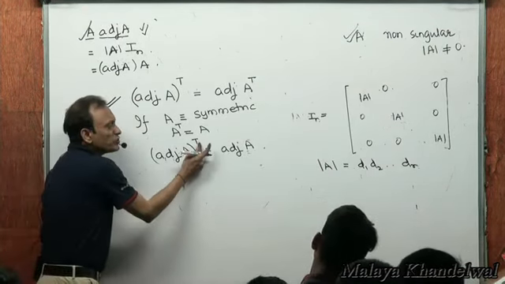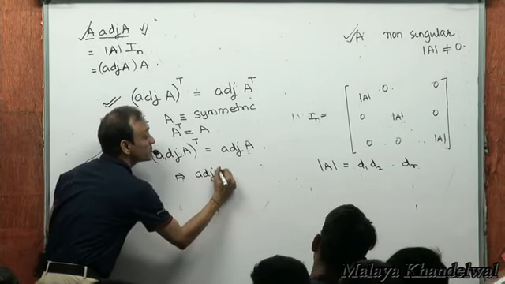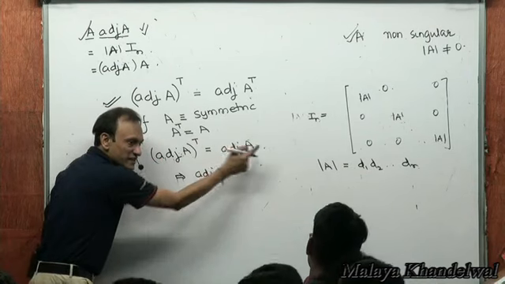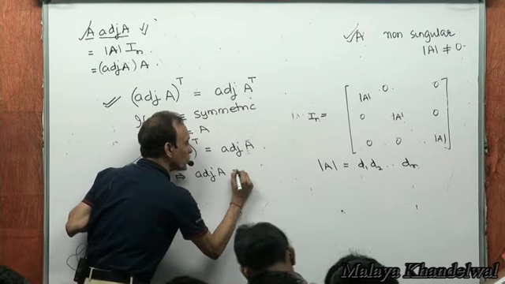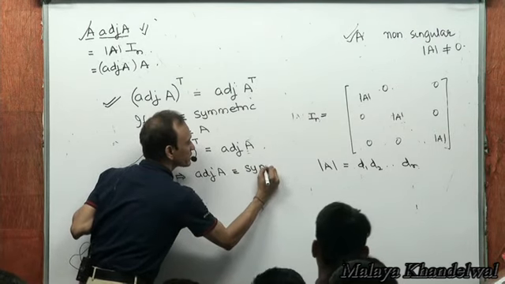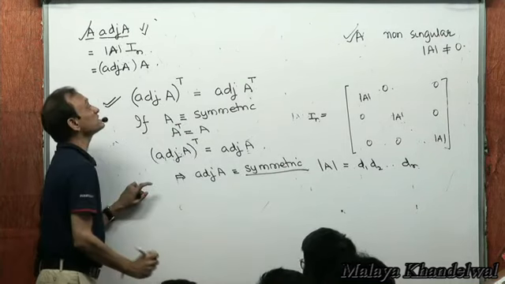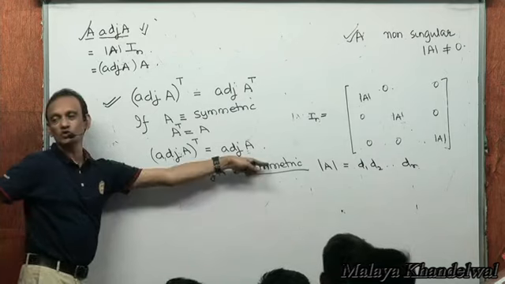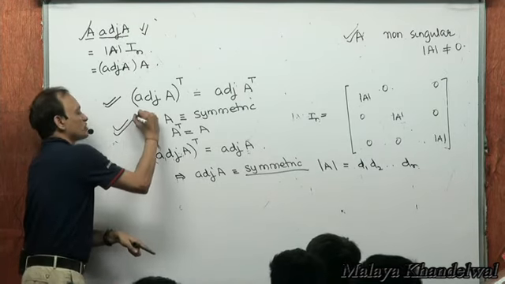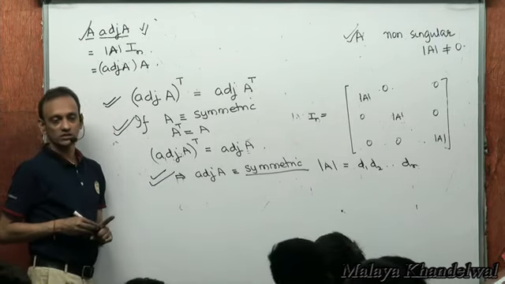But if adjoint of A transpose is adjoint of A, it means adjoint A must be symmetric. That means if A is a symmetric matrix, then adjoint A will also be symmetric.